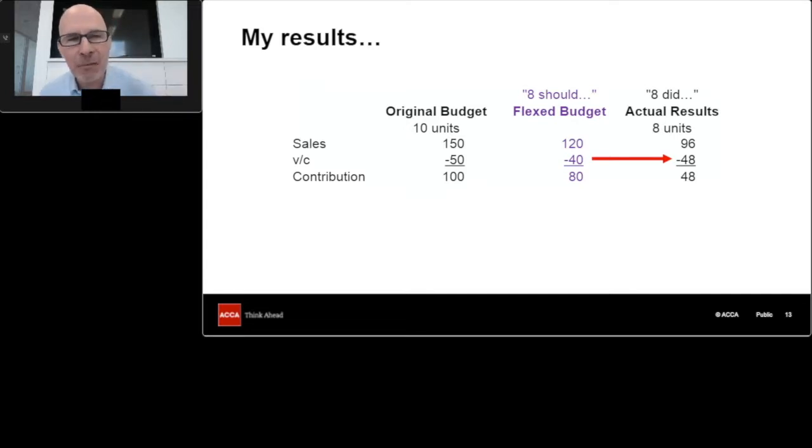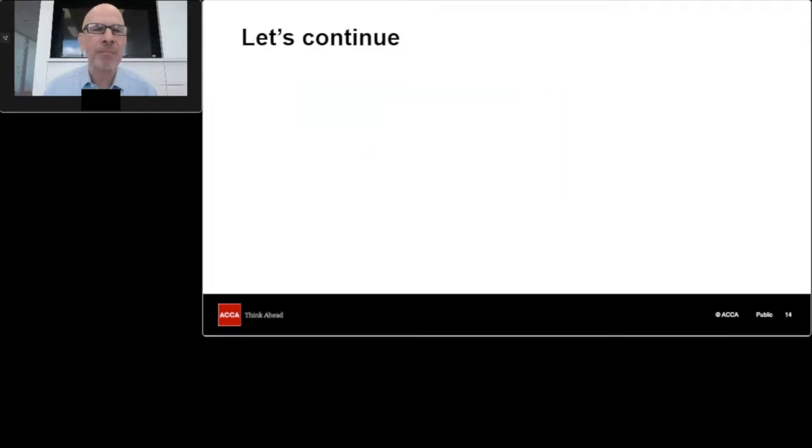When we make 8 scooters, it should cost $40. It did cost 48, so it's an adverse, not a favorable variance. Guys, that's the flexed budget, a critical concept in financial control and in all of your management accounting and performance management exams.